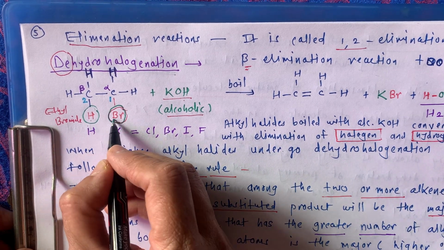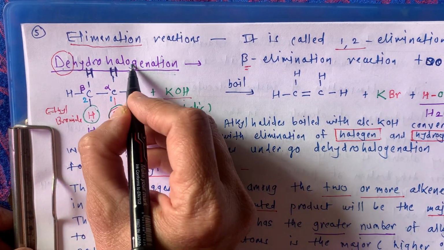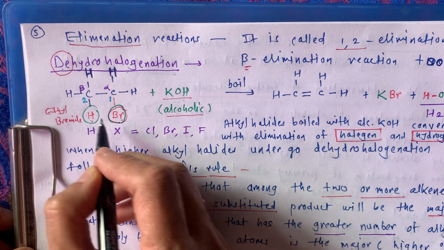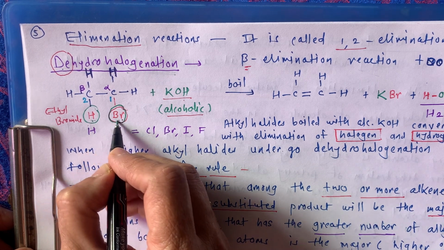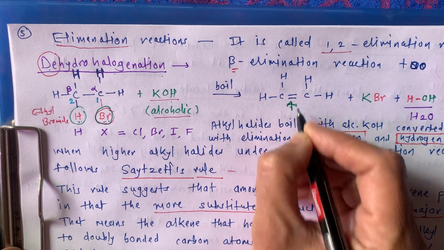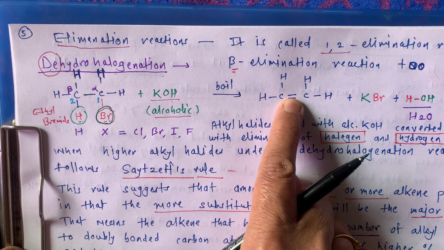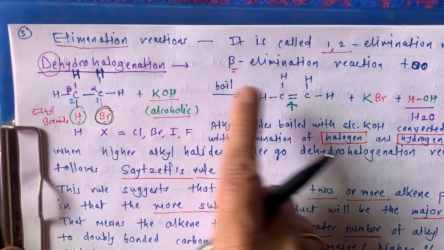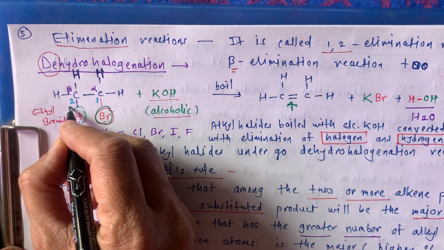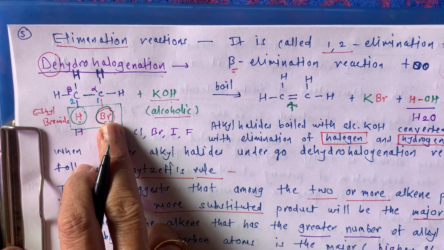We are going to remove, that is D, hydro, this hydrogen, and halogen, this halogen. If we eliminate these, there is formation of a double bond like this. This single bond is converted into a double bond because we are removing these two elements, hydrogen and bromine.